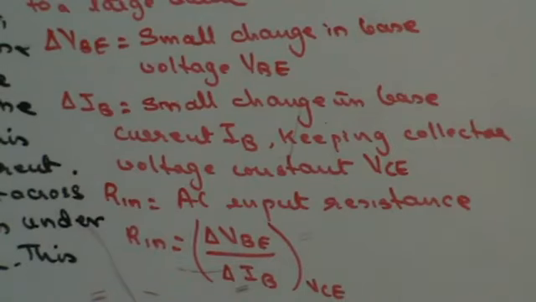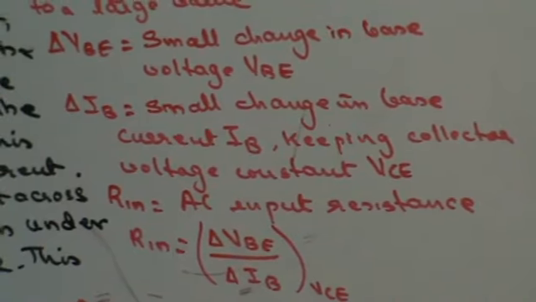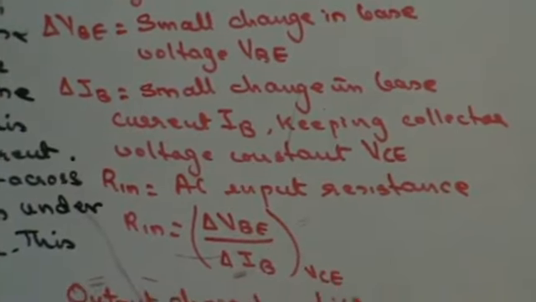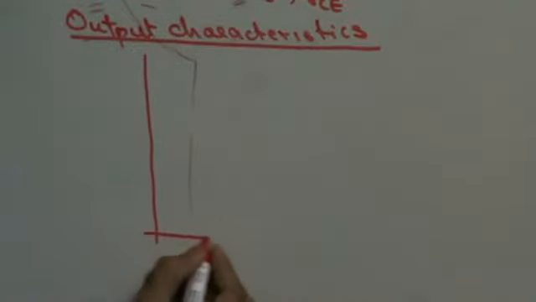Now let us see the output characteristics. Let's draw the graph for output characteristics.